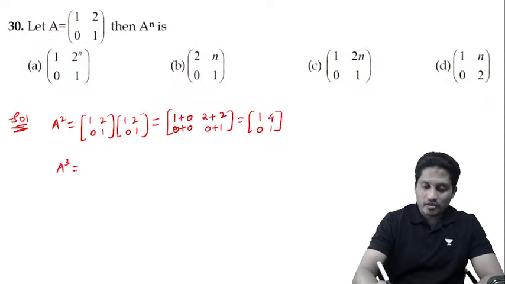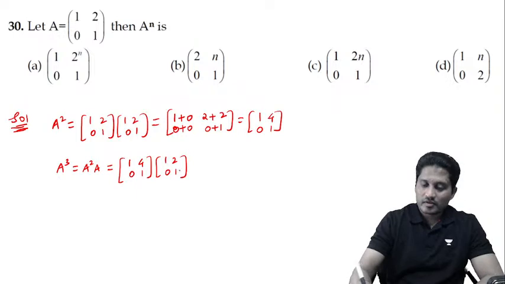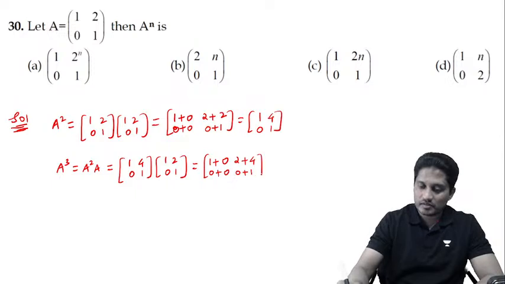A cube is equal to A square into A, right? A square is equal to 1 4 0 1, and A is equal to matrix 1 2 0 1. First row, first column, you will get 1 plus 0. First row, second column, you get 2 plus 4. Second row, first column is 0 plus 0. Second row, last column, you get 0 plus 1.